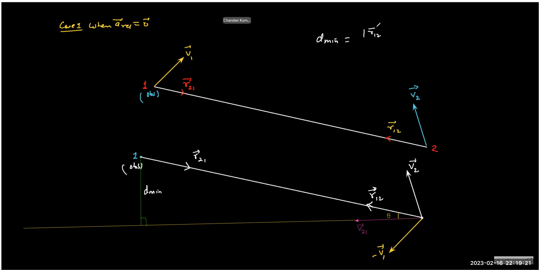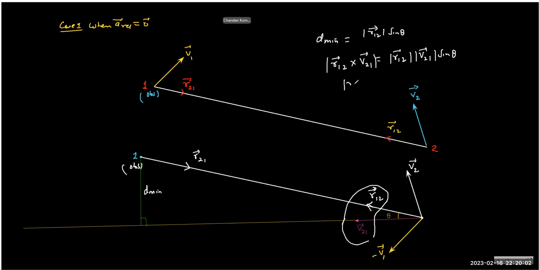So can we say D minimum is nothing but mod of R12 sin theta? And sin theta comes in which product: cos, cross or dot? Cross. Because theta is not known, we can create theta from here. So R12 cross V21, modulus.